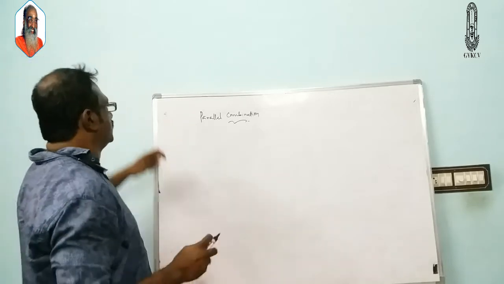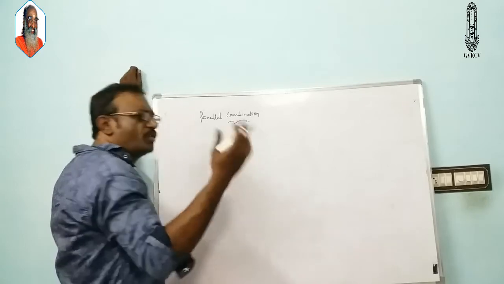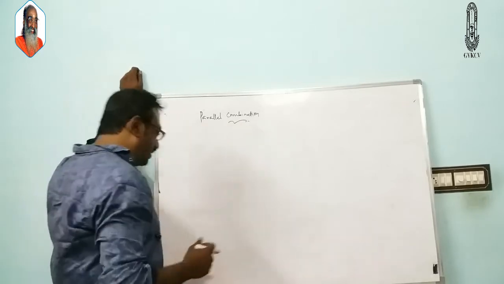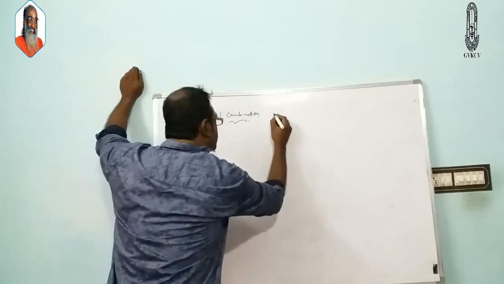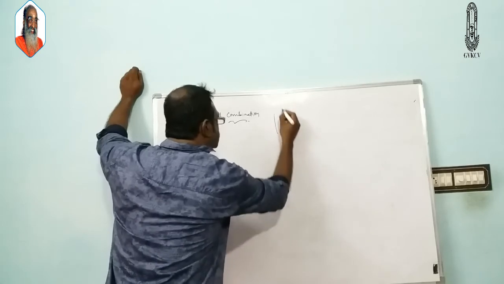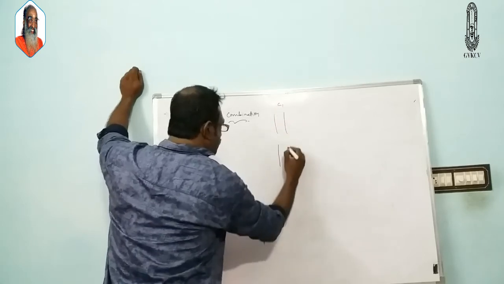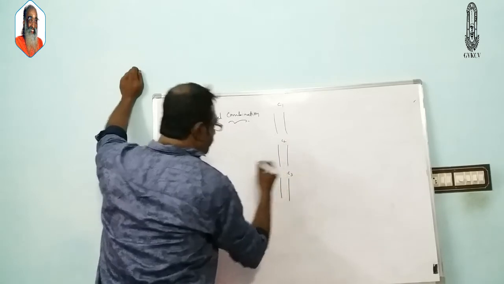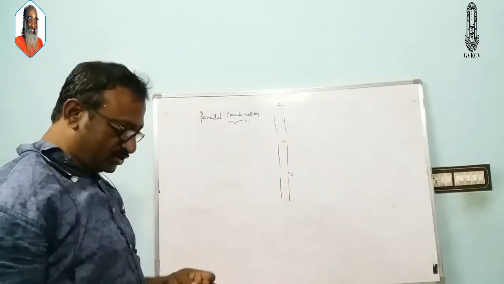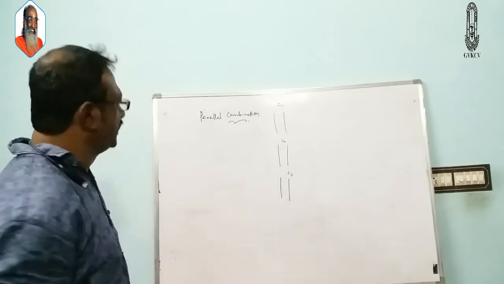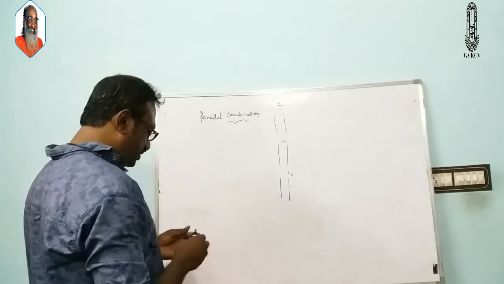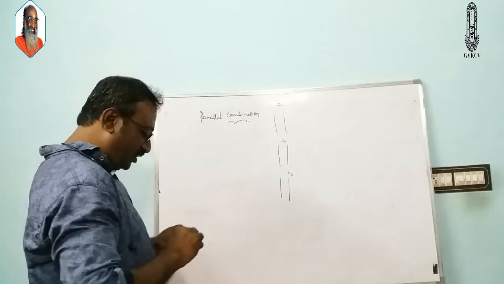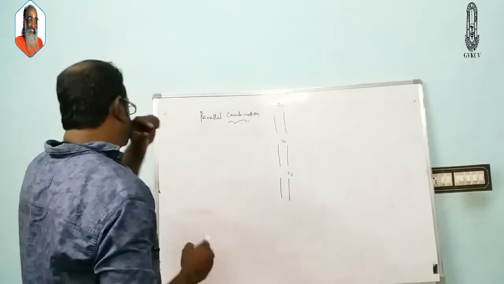Now, when the combination is said to be a parallel combination, suppose you have capacitors C1, C2 and C3. The capacitors are drawn as two parallel lines, and one plate is connected to the positive terminal and the other to the negative terminal, or else it can be connected to the earth.